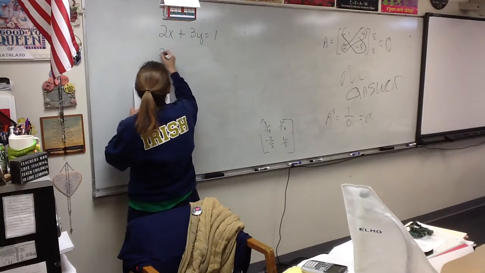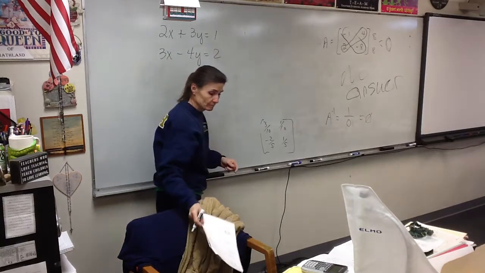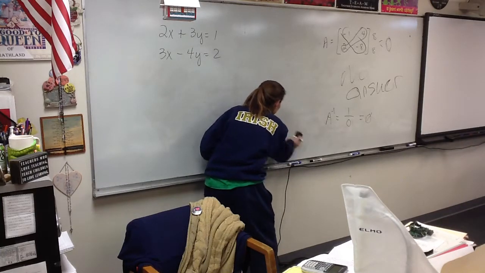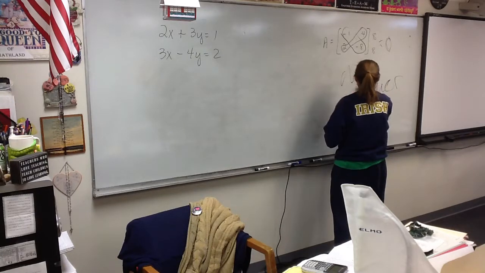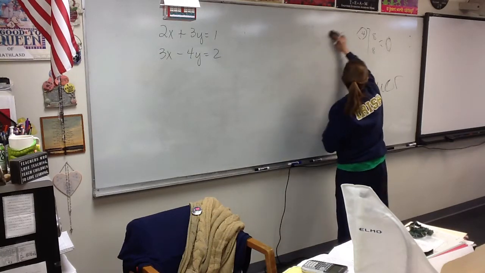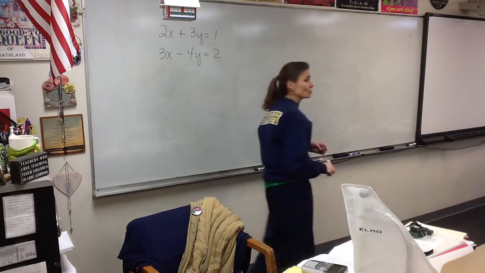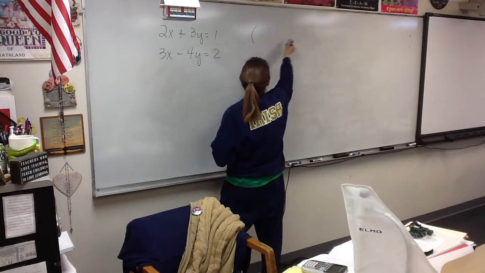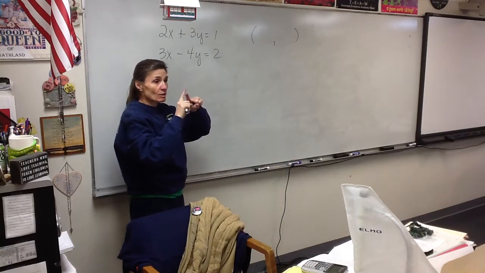Now, I gave you kind of a glimpse of this yesterday. Was anyone paying close enough attention yesterday to be able to tell me how I get started on this Cramer's rule problem? My objective is to find the answer, the point where they cross.